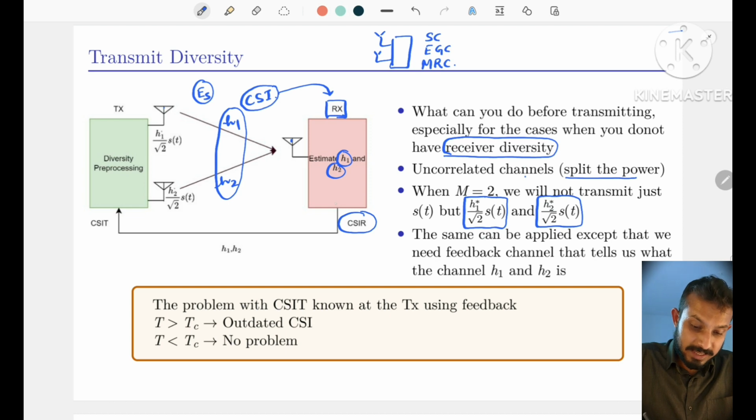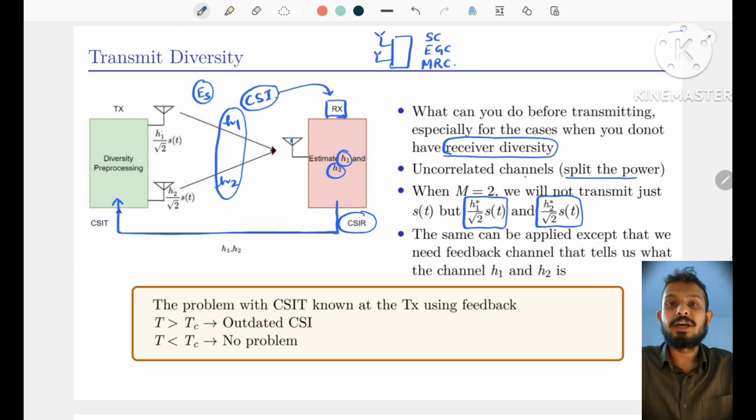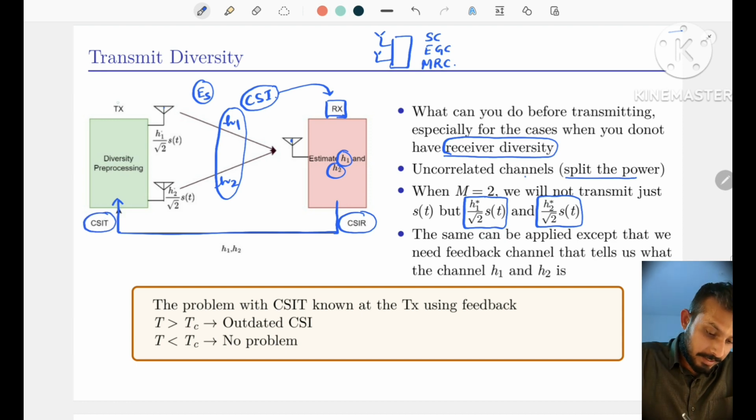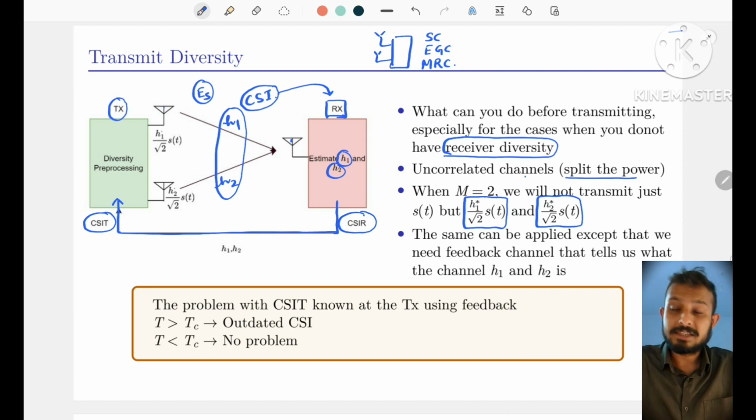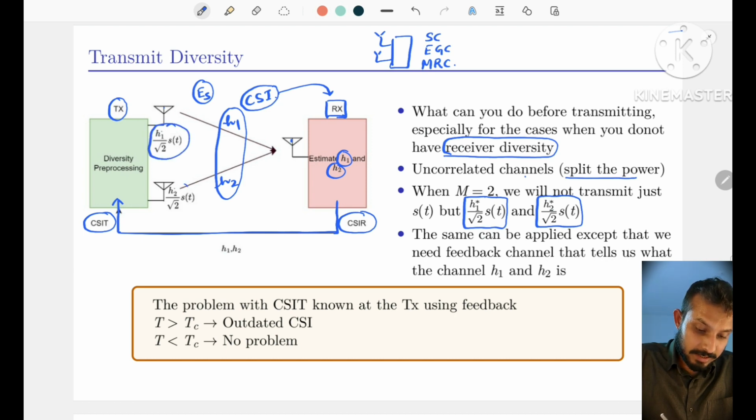And once this is estimated, we need to send a feedback signal to the transmitter so that the transmitter knows the channel state information. Now the CSI is available at the transmitter end, and we represent it by CSIT. So now the transmitter has the channel state information available, so it can send the signal in an appropriate form so that we get the diversity benefit at the receiver.